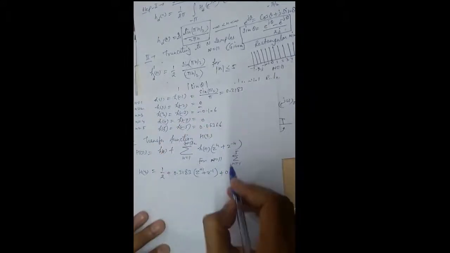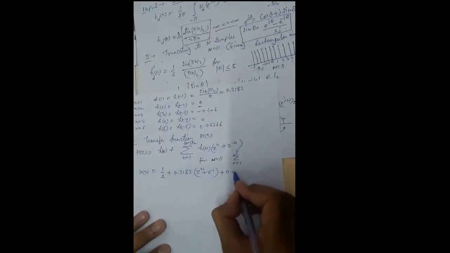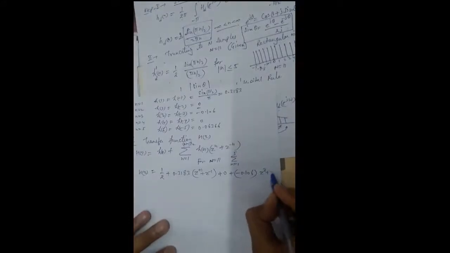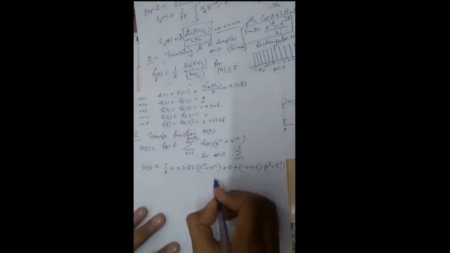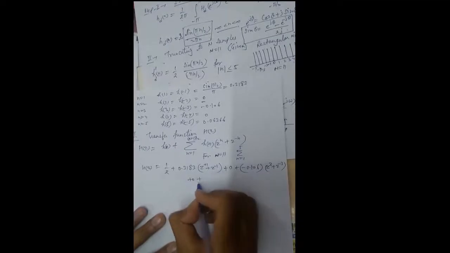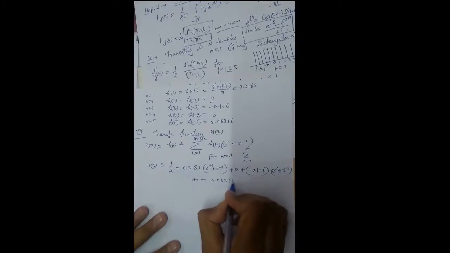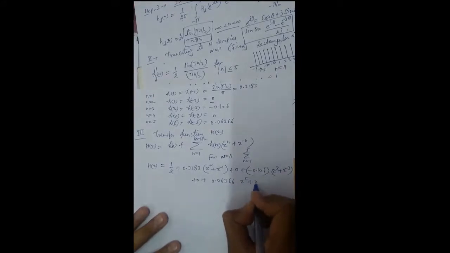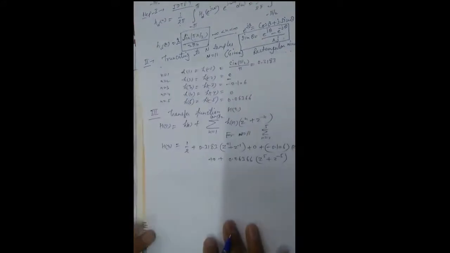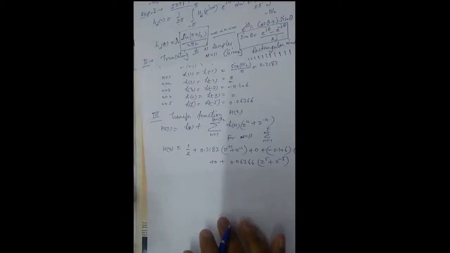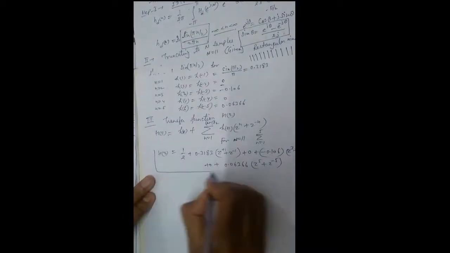Third value minus 0.106, that is third value, n equal to 3, so (z^3 plus z^minus 3). Fourth value again 0, and fifth value, that is 0.06366 (z raised to power 5 plus z raised to minus 5). And this is the answer, the transfer function of the LPF filter.